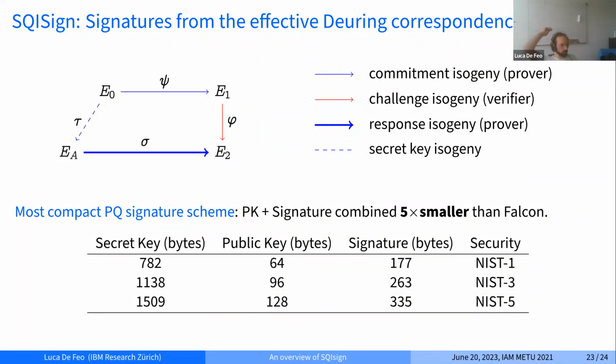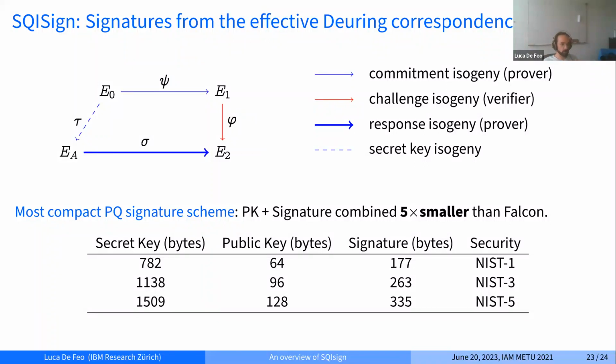So yeah, the formal proof of security, because it's a Sigma protocol, there are 2 main security properties involved. One is soundness, one is zero knowledge. Soundness is essentially what ensures to the verifier that the prover knows the secret.